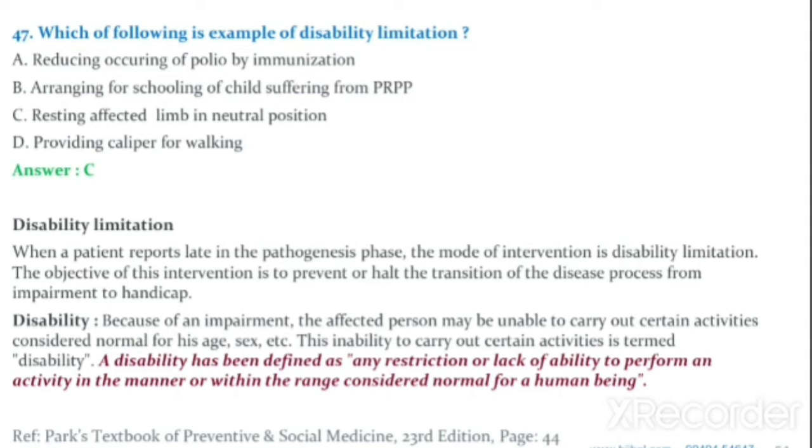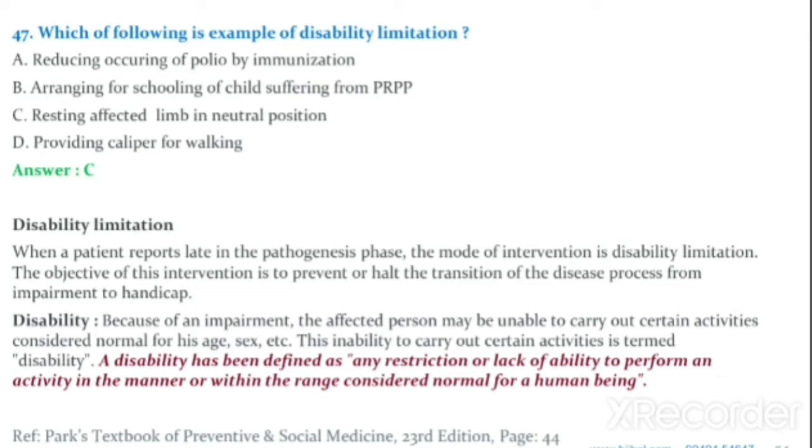Resting affected limb in neutral position is called an example of disability limitation. When a patient reports late in the pathogenesis phase, the mode of intervention is disability limitation.